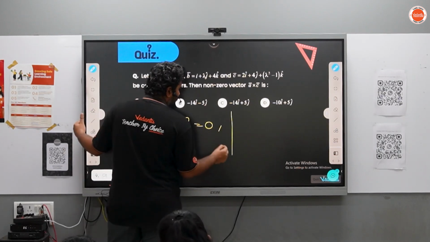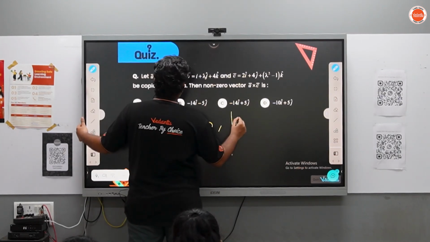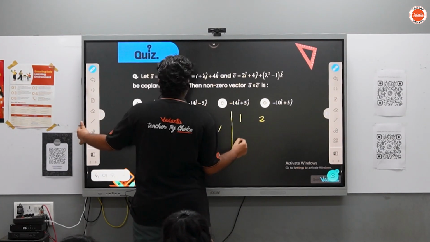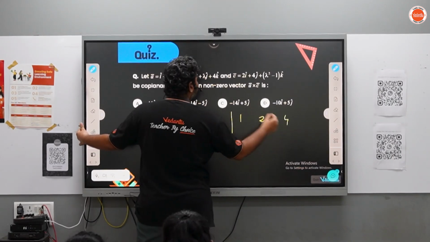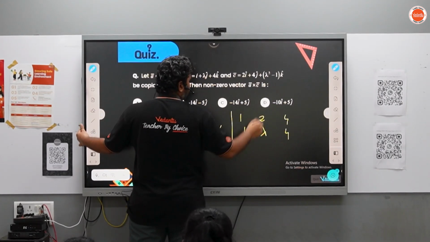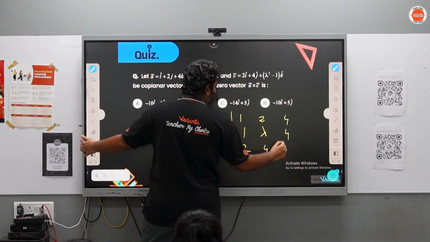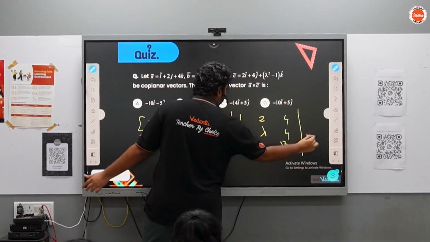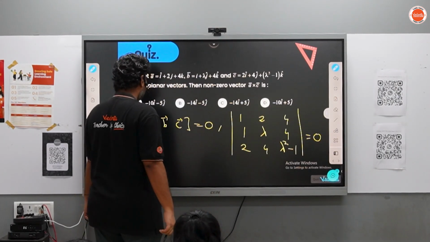So we have the determinant 1, 2, 4, 1 lambda 4, 2, 4, lambda square minus 1 equal to 0. For what values of lambda is this happening?